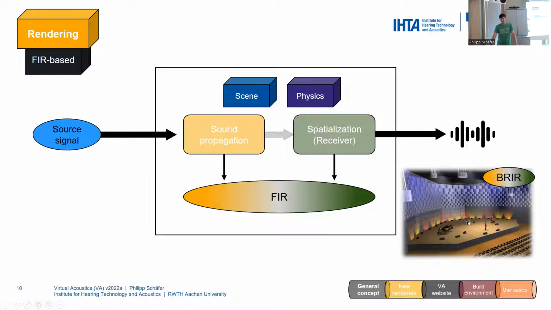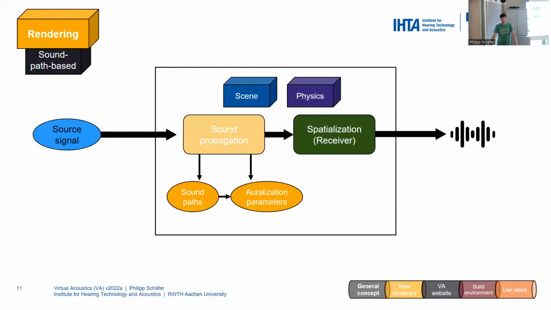Another approach is using sound path-based rendering. And in this case, the sound propagation is actually split into 2 steps. First, we simulate geometric sound paths, so the actual rays that connect a source with the receiver.